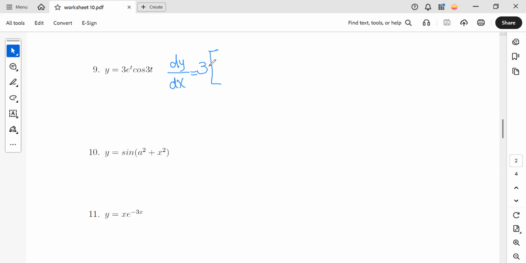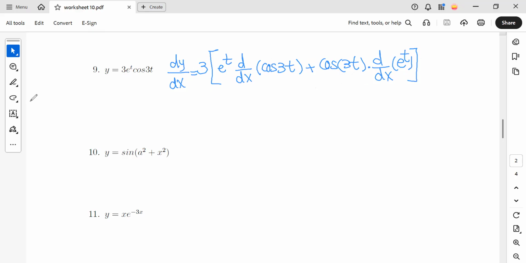So if I put 3 out, I would write copy the first one, derivative of the second one, plus copy the second one, and derivative of the first one. Okay, so this one should be t, not x.